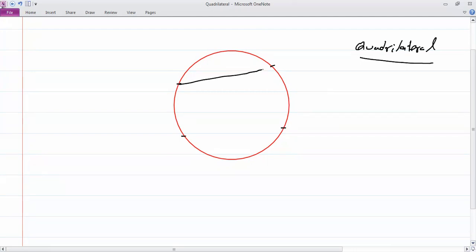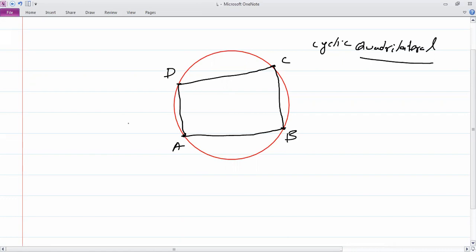If you join the 4 points, obviously it will make a quadrilateral like this: A, B, C, D. Such a quadrilateral whose 4 points are all on the circle, we call a cyclic quadrilateral. Look, A is on the circumference, B, C, and D too. All 4 points are on the circle.